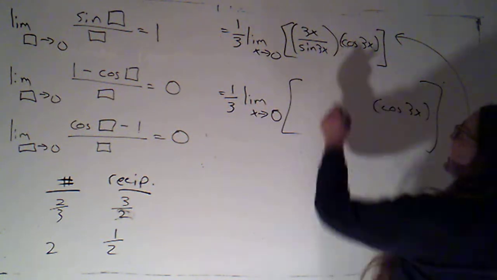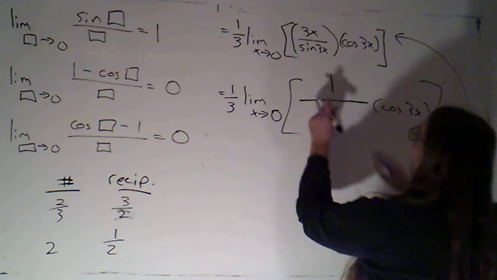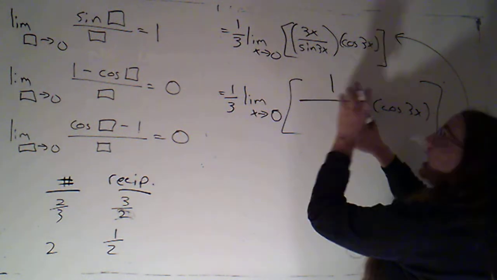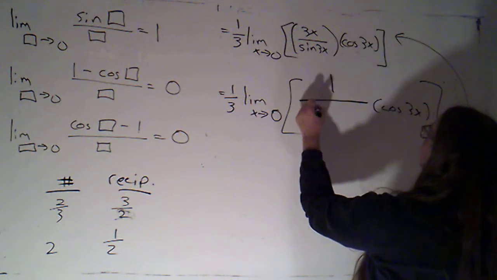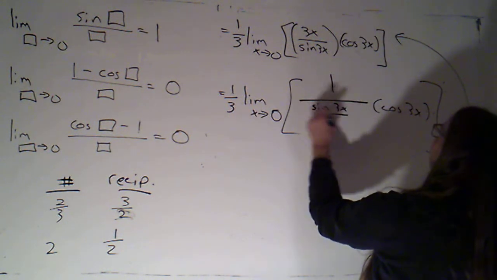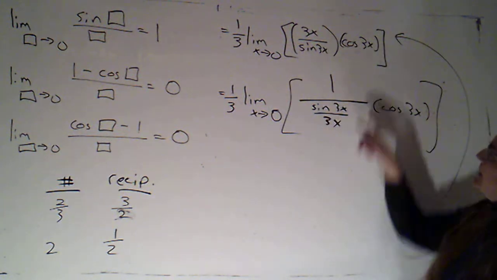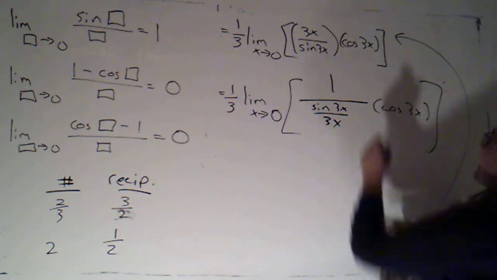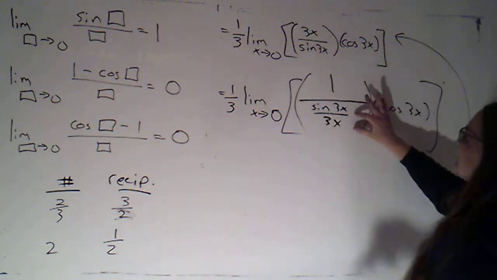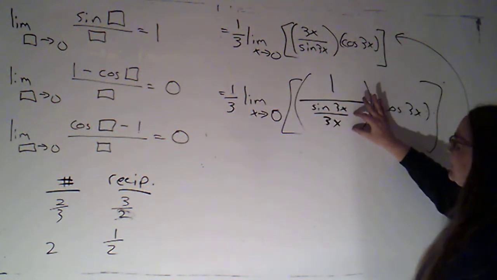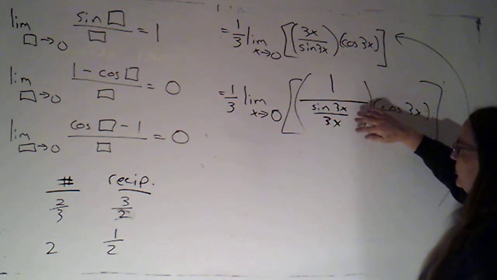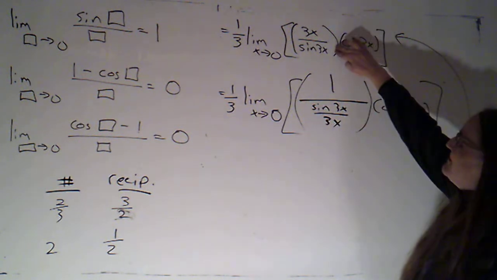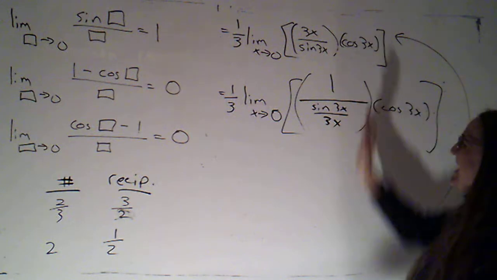Here, I'm going to take the reciprocal, 1 over, of the reciprocal, flip the top and bottom, sine 3x over 3x. Okay. Now, 1 over sine 3x over 3x, if I were doing this division, I would multiply by the reciprocal of the bottom and I would get 3x over sine 3x.